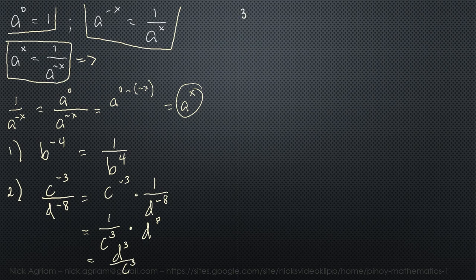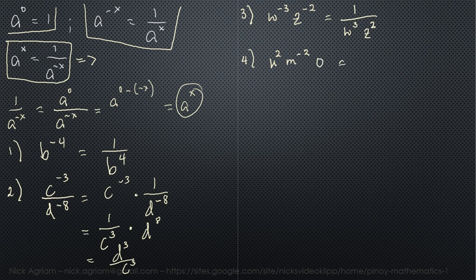Number 3, we have w raised to negative 3 and z raised to negative 2. Then we have 1 divided by w raised to positive 3 and z raised to 2. Number 4, n squared, m raised to negative 2, and o.